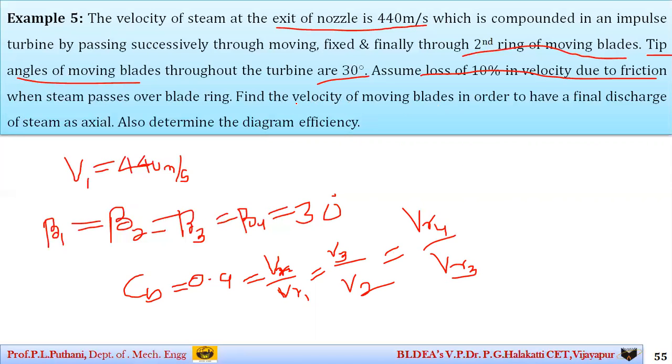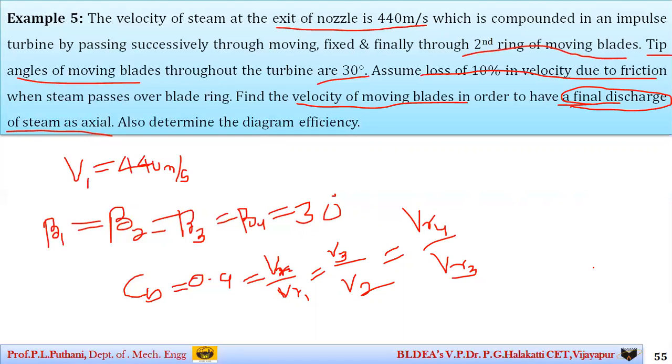You need to find out the velocity of the moving blades in order to have a final discharge. Please note on this point, students. He says the final discharge of the steam is axial. The final discharge of the steam is the outlet velocity of the second stage.